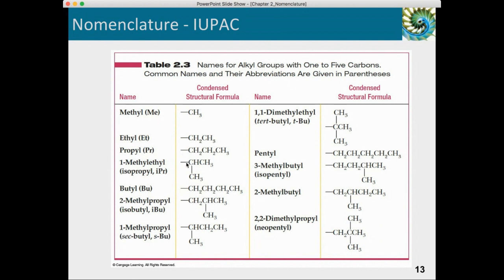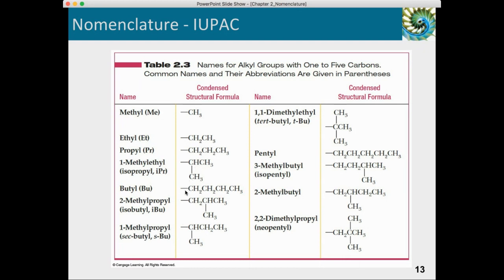However, when it's attached from the second carbon, then it is known as the isopropyl group. So any alkyl group ending in this CH, CH3, CH3 will be called iso. And then after it will have the number of carbons. So iso, and because it has 3 carbons, propyl. 3 carbons, I'm sorry.